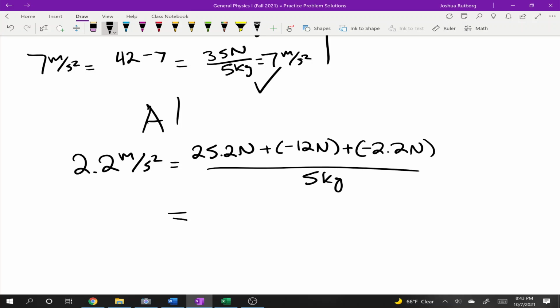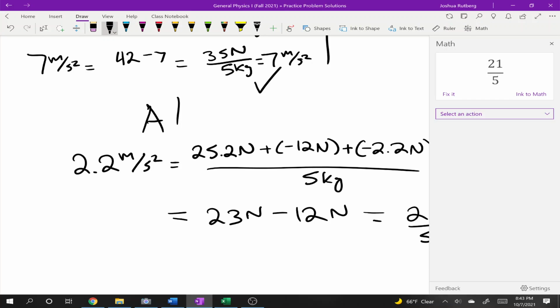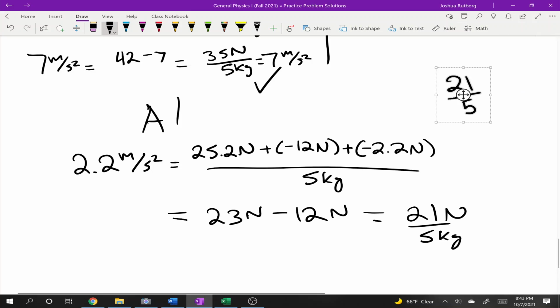So let's see. I'm going to subtract the 2.2 first, just to get rid of that pesky 0.2. So 25.2 minus 2.2 is just going to be 23 newtons, minus 12 newtons is, oh, I'm an idiot. 23 minus 12 is not 21.